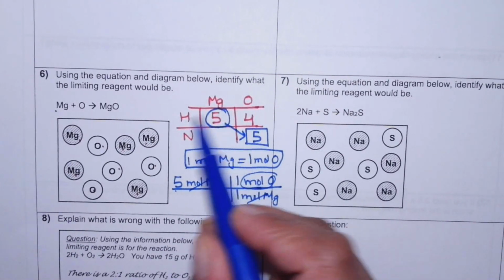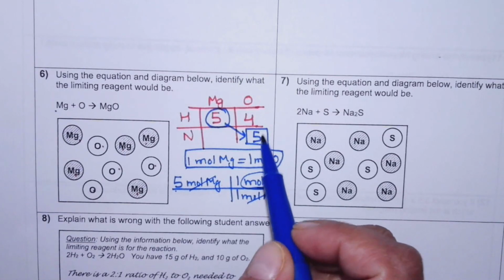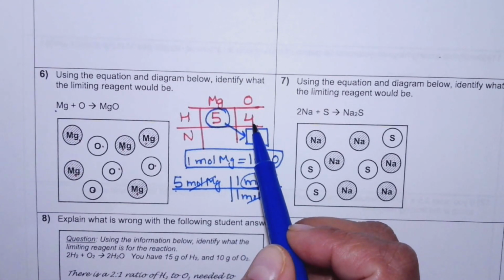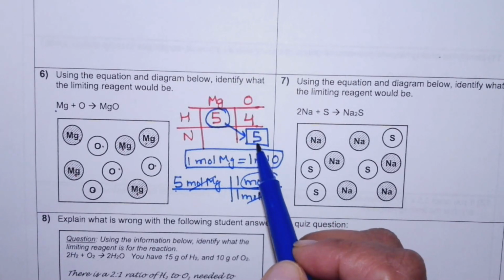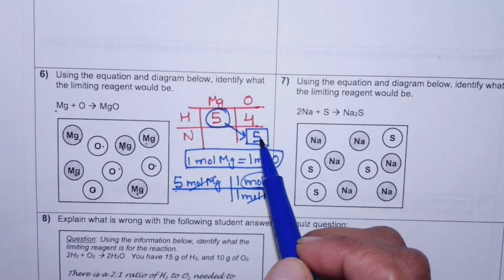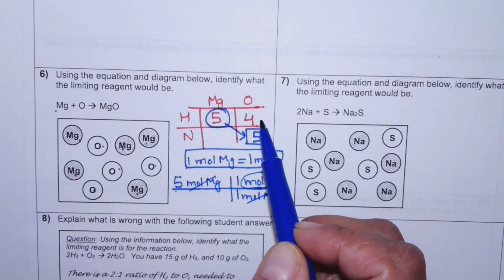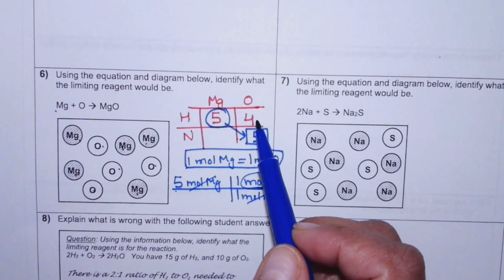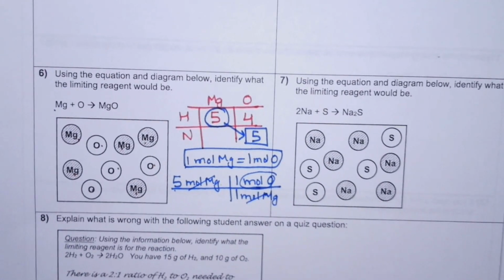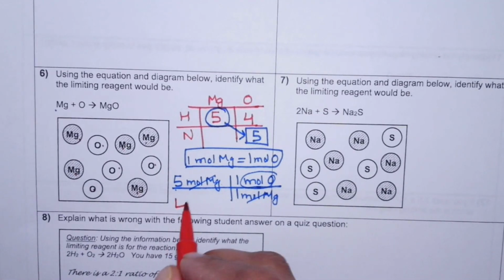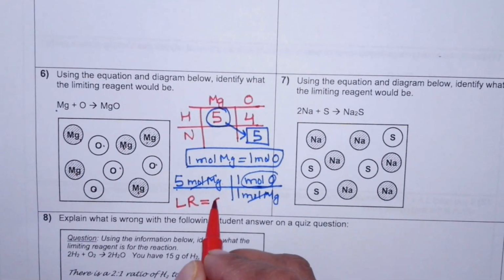Now you compare the have to the need. We have 4 moles of oxygen, but we need 5 moles of oxygen. So we need more than what we have. 5 is greater than 4, so have is less. That makes oxygen your limiting reagent. So the limiting reagent is oxygen.